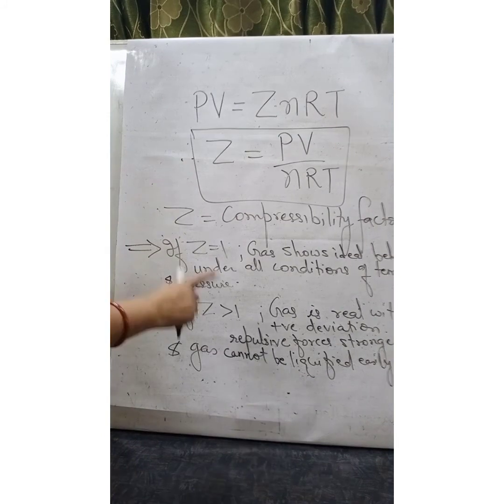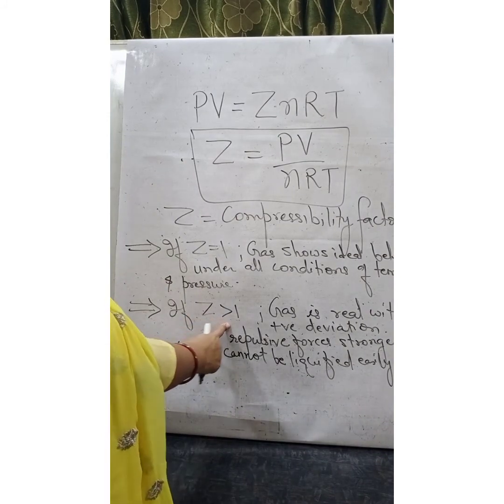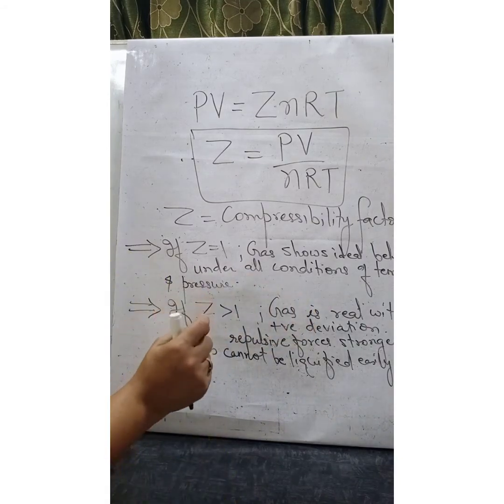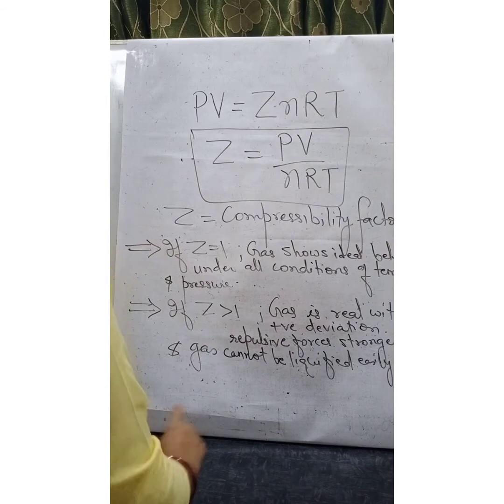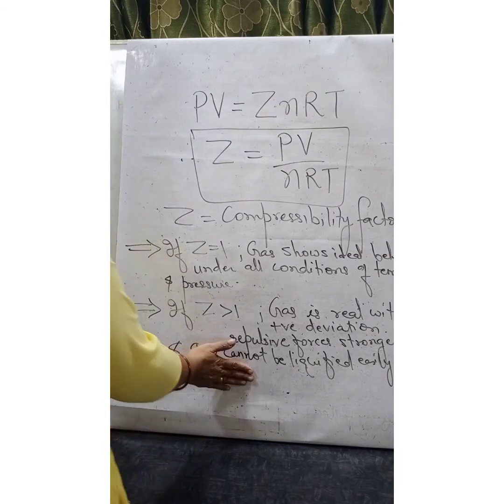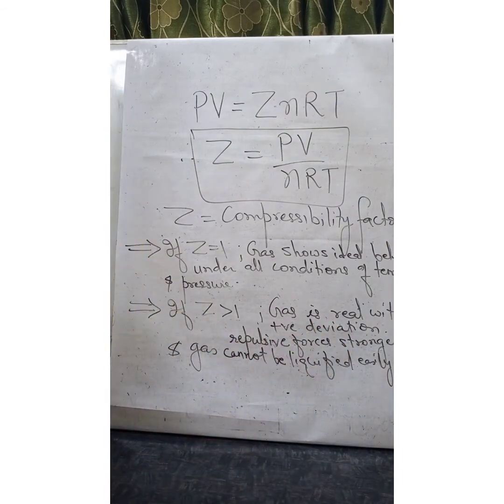However, if Z is greater than 1, the gas is real with positive deviation from the ideal behavior, and this means that the repulsive forces are stronger and the gas cannot be liquefied easily.